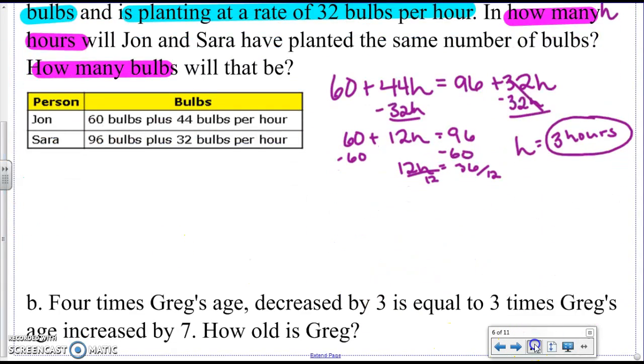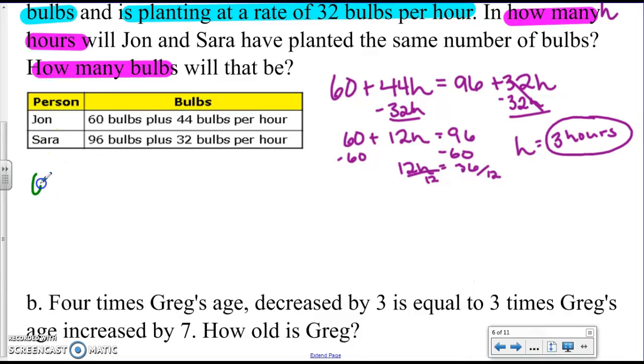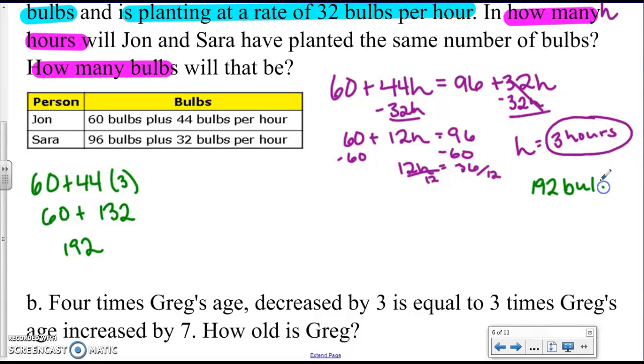If John has planted 60 bulbs so far, and he's planting at a rate of 44 bulbs per hour, and we know that after 3 hours it's going to be the same, we're going to plug in 3. We're going to do 44 times 3 first, using our order of operations, and we get 132. Then we add 60 to that to get 192. So that means in 3 hours they will have planted the same number of bulbs, and they will have planted 192 bulbs.